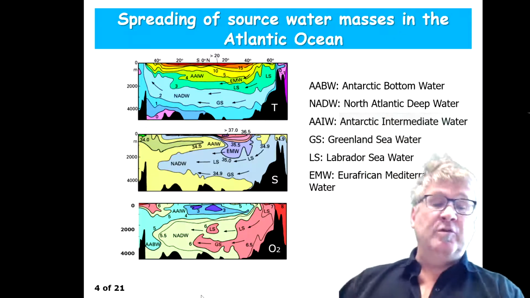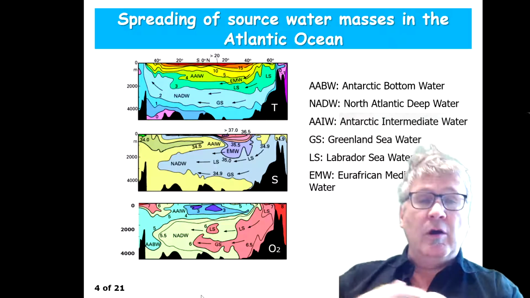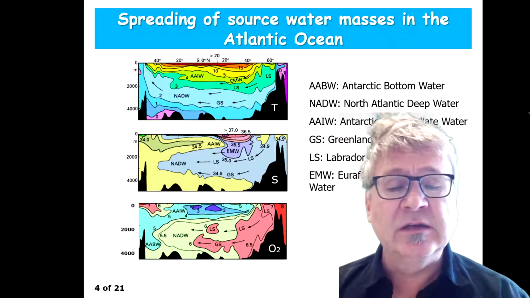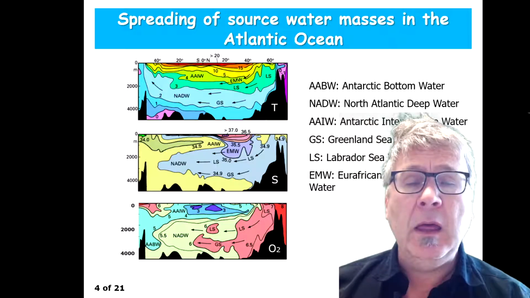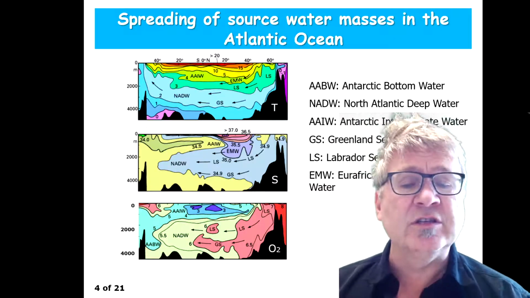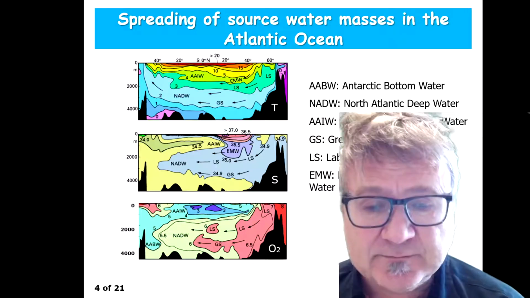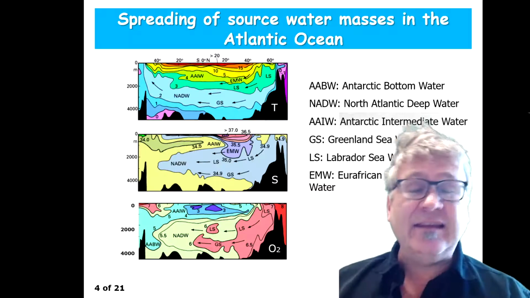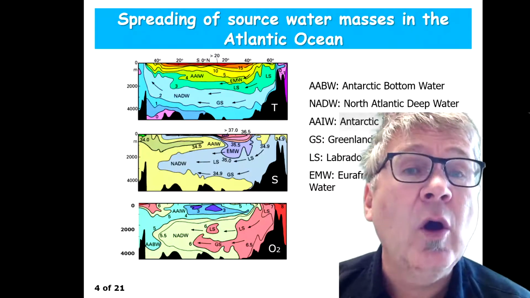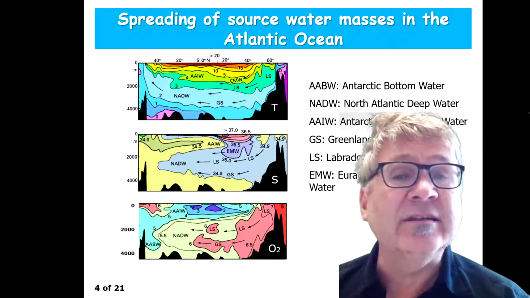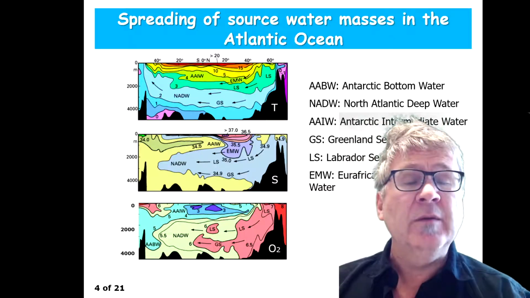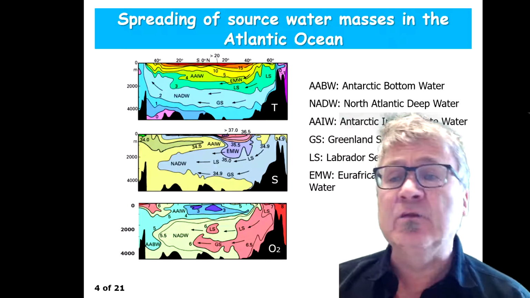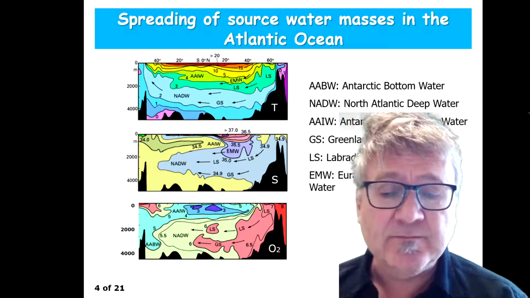And indeed, you can also have a look at the oxygen distributions. What you learn from the oxygen is that there is plenty of dissolved oxygen in the deep sea. The North Atlantic Ocean has the highest oxygen content in deep and bottom waters because it's directly connected to the convection regions in the Greenland Sea and in the Labrador Sea.